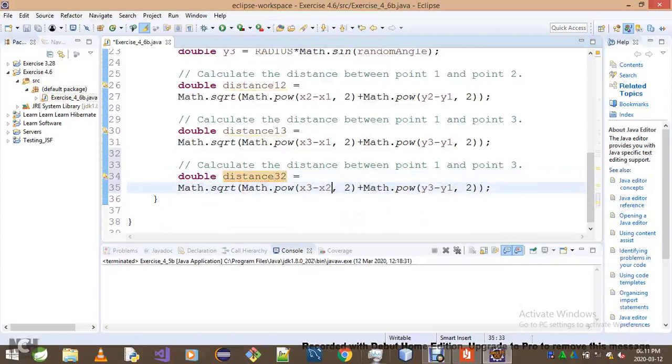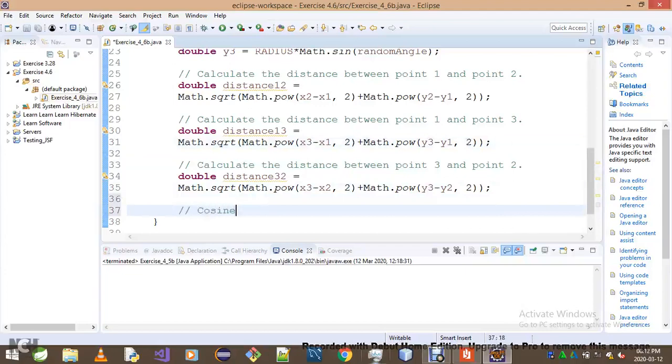So here I'll simply put 3 and 2. Let me just go 3 and then 2. Right? Okay. Once I'm done with that, I've got to start using the cosine rule.